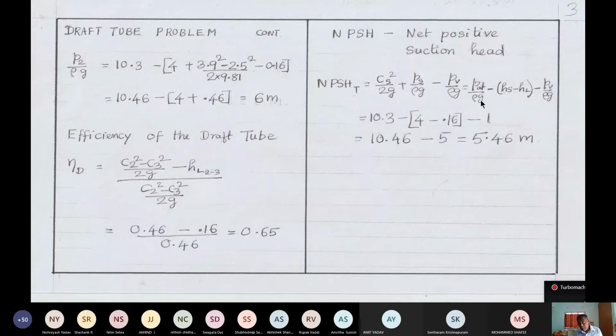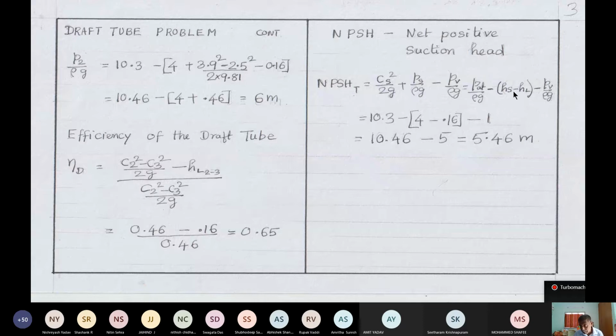Now from the atmospheric pressure acting on the surface, if I come to this value, it will be atmospheric pressure minus Hs. Here it is minus the head loss. Now for the case of pumps, if you look back, this will be Hs plus HL.